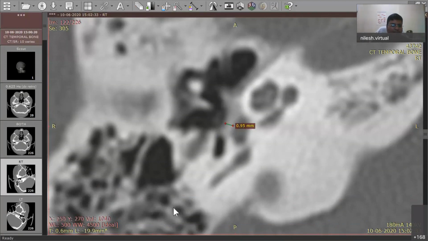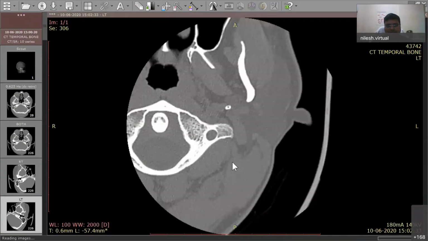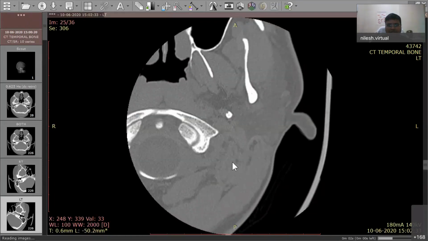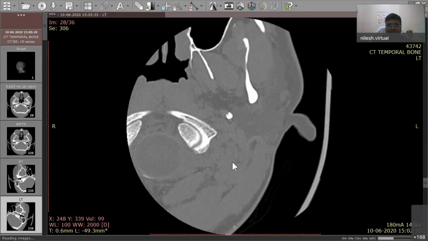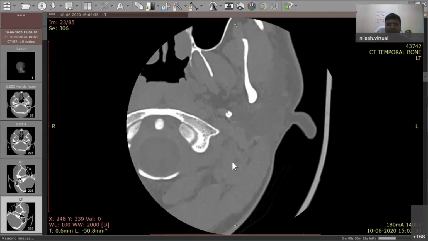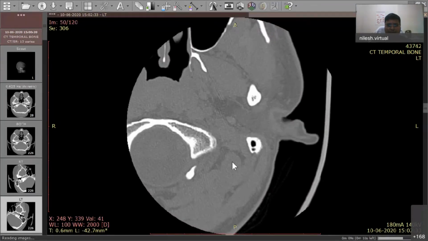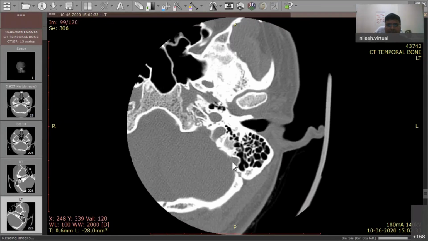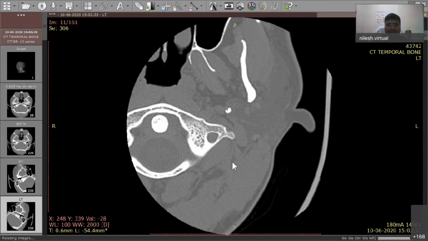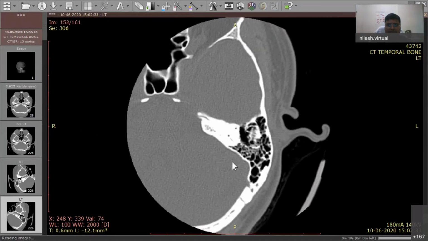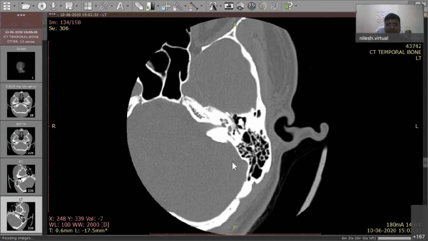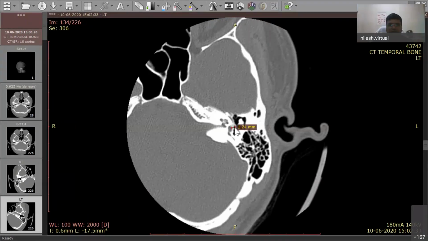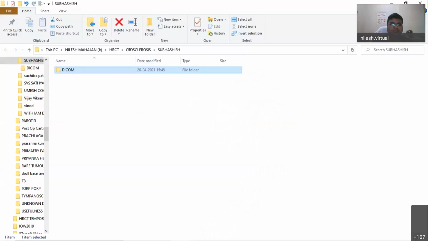So it is a thick footplate. On the opposite side, I'll see if it is normal. This side also, this footplate is even thicker, almost more than 1.5 mm. So like this, you have to see the thickness of the footplate also.